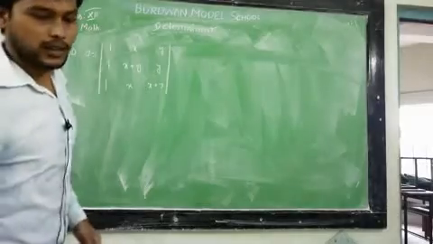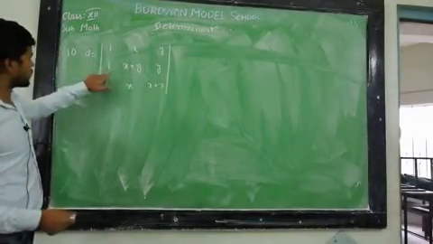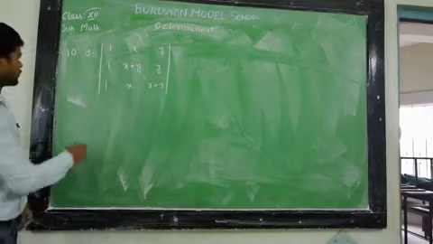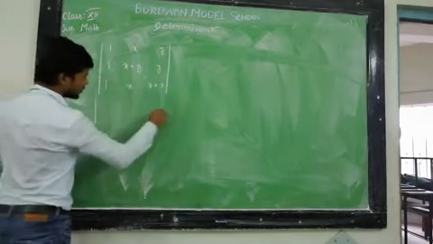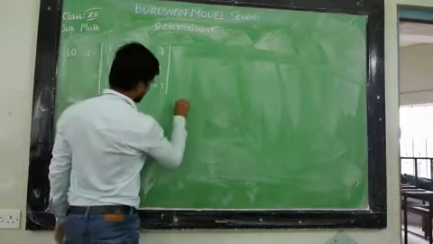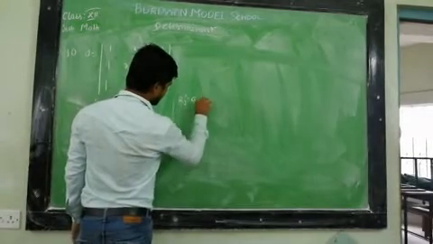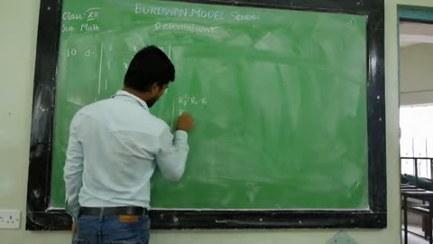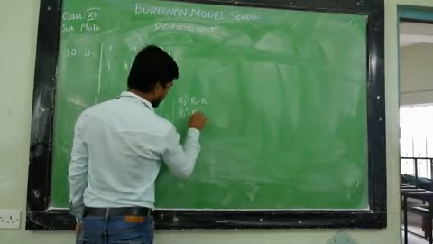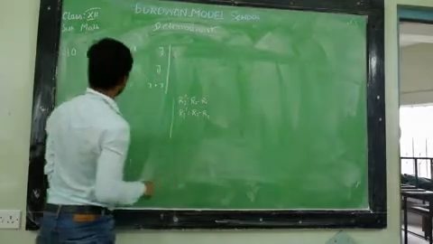Now with the help of the first row, make these elements 0 by using this operation: R2' equal to R2 minus R1, R3' equal to R3 minus R1.